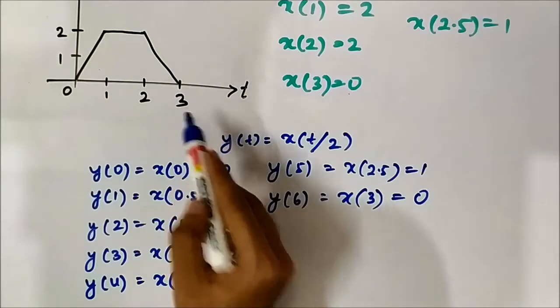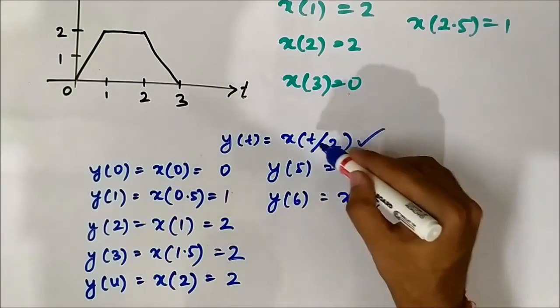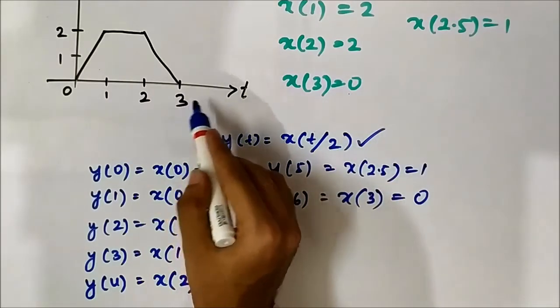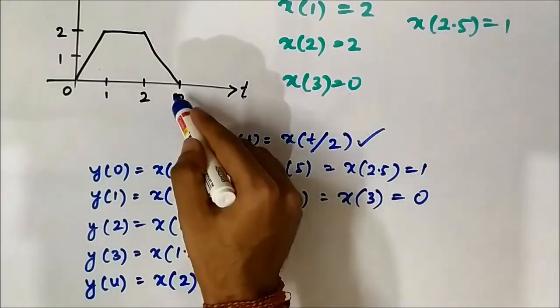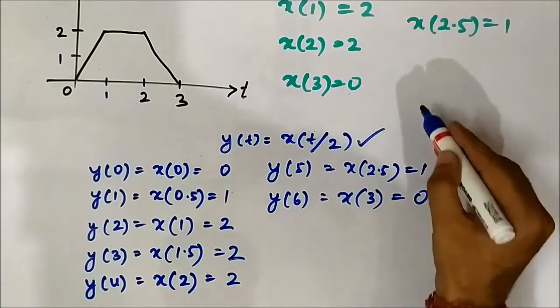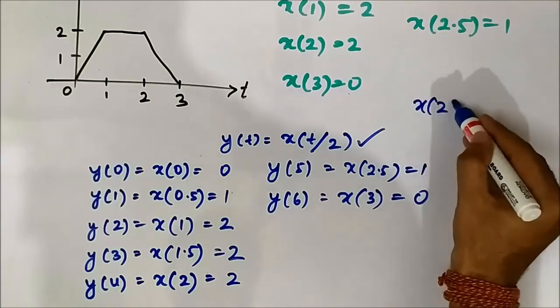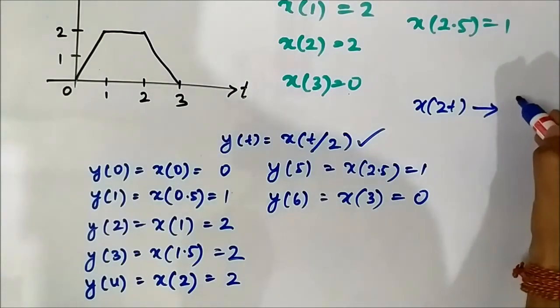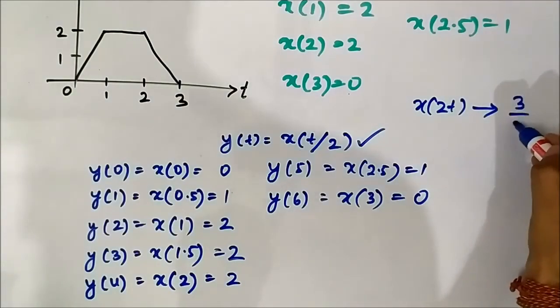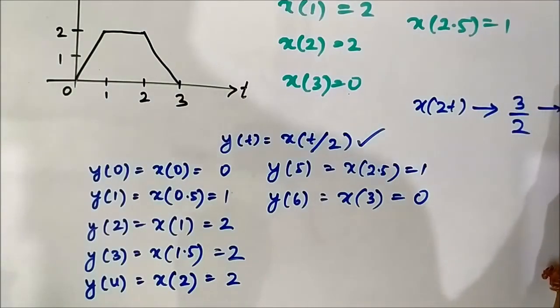Here it has become double. In this operation t by 2, it has become double of the original signal, from 3 to 6, twice of this. So in the other version x2t, the time interval was half, 3 by 2, 1.5.